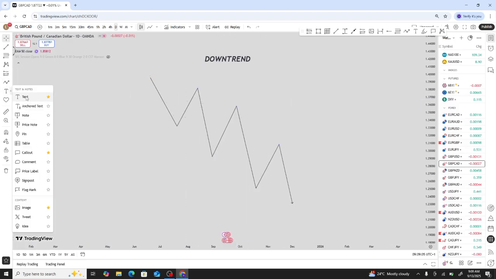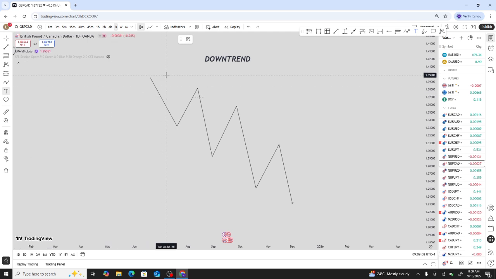The same way we labeled our uptrend is the same way we are going to label our downtrend. Just stay with me. As you can see, this market is making lower lows and lower highs.